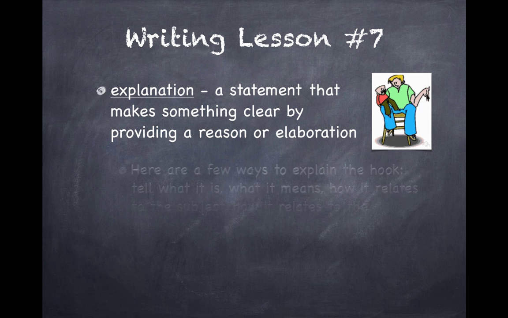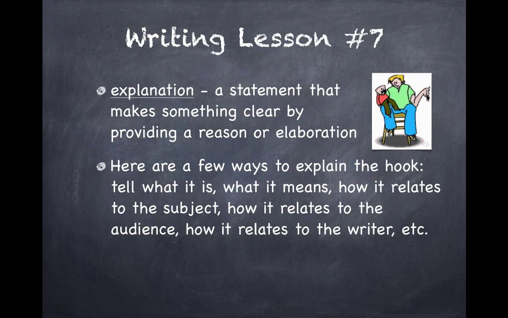So this would be the time where you would explain. So here are a few ways to explain the hook. You can tell what it is, what it means, how it relates to the subject, how it relates to the audience, or how it relates to the writer. You can do something else that's similar to this, or a variety of these things.